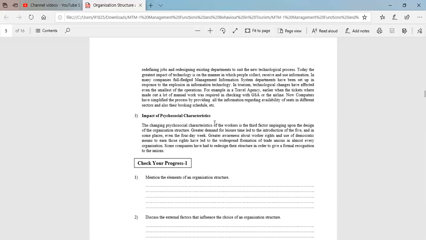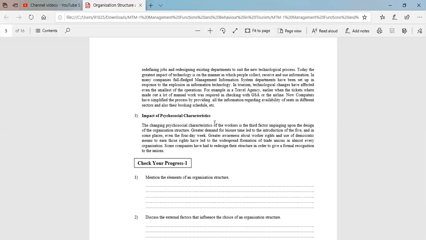Impact of psychosocial characteristics. You need some managers to control the staff, because when the managers directly talk with the seniors, respect becomes less. So they make one bridge, like supervisors or managers, who talk on behalf of the workers, so that workers remain disciplined.